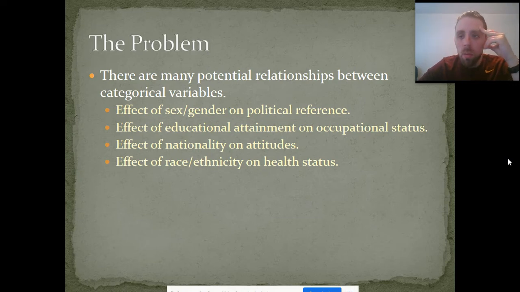Let's say the country you were born in, your nationality, might affect your attitudes. I do this all the time, by the way, with my own research, where I look at, say, French public attitudes versus German public attitudes versus Italian public attitudes versus British public attitudes. My focus on the European system and not any one European country very often leads me to try and theorize about these cross-national differences.